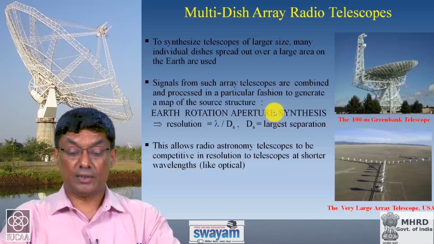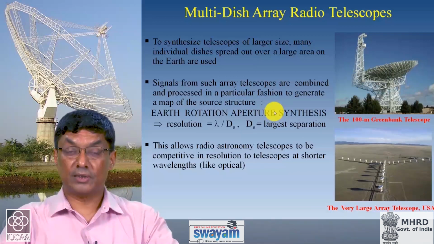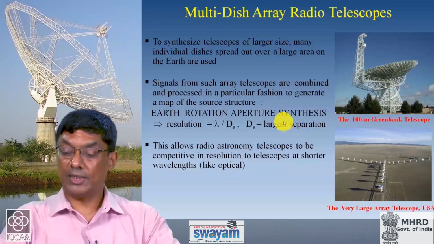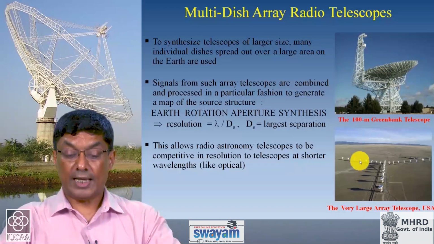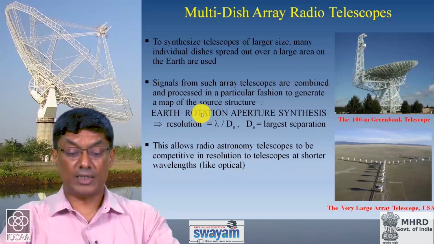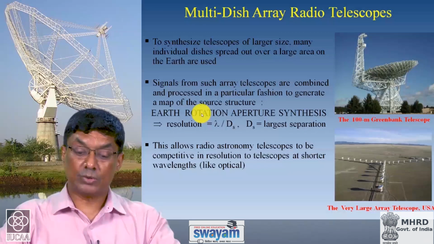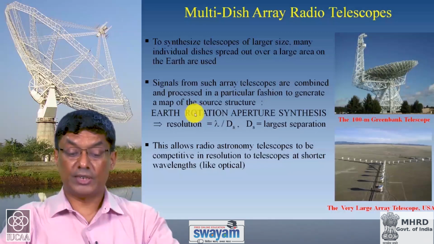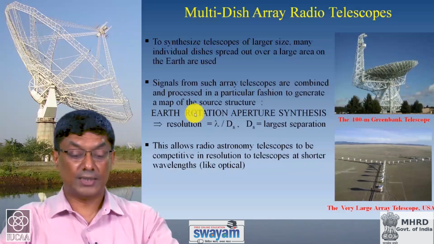This technique is called aperture synthesis, because you are basically synthesizing a larger aperture by using many smaller apertures. And the word earth rotation comes in front of it, because I will explain in a moment how aperture synthesis works, and then we will appreciate what role the earth rotation plays in it.